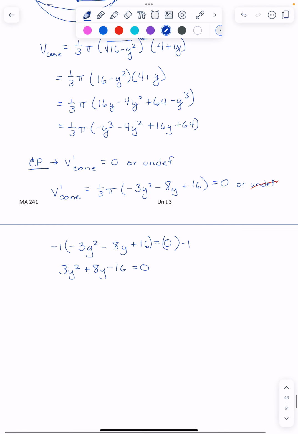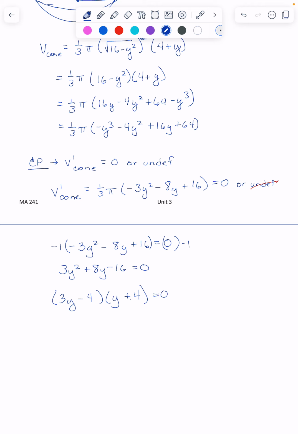So if I factor that, I get a 3y and a y. If I look at my 16, I'm going to do a -4 and a +4 over here. All right, and if you FOIL that, that should give you a 3y squared plus a 12y minus a 4y. That's going to give me my 8y, and then minus the 16.